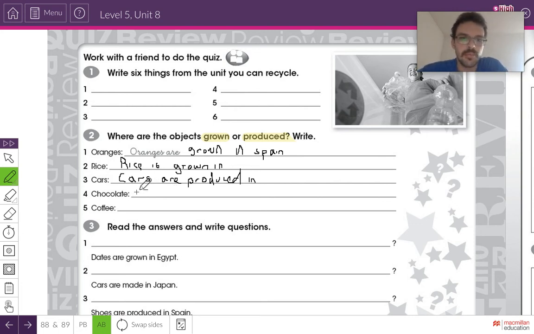Chocolate. Now, chocolate comes from a plant, right? Cacao, so we can use grown. But normally you don't just take the plant, you have to do things with it. So we're going to use the verb produced, okay? So we'll say chocolate, because you have to mix the cacao with the sugar and do other things to it before you get some nice chocolate.